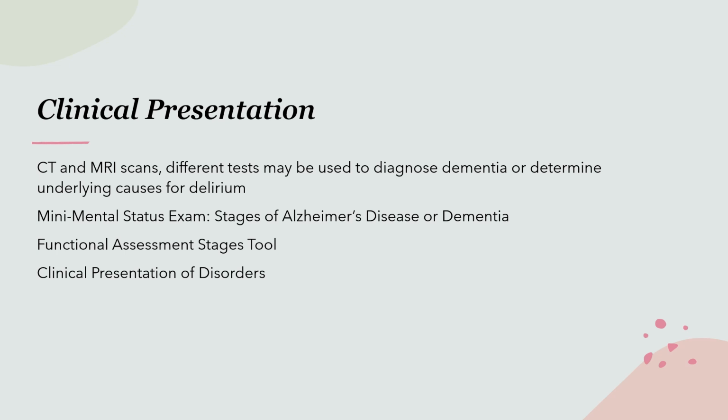In stage 2, we're going to have more severe short-term loss, memory affecting ADLs, trouble speaking and doing calculations, and struggling to translate thought into motion.